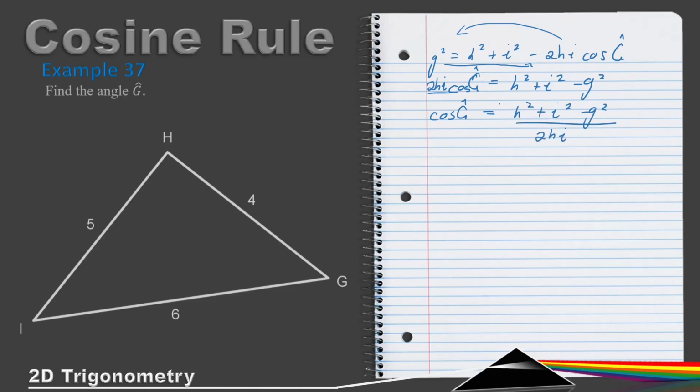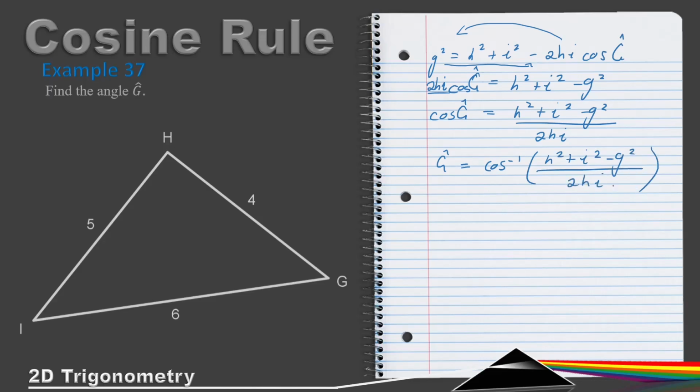So far so good. Then we just have the G that we need to isolate, and to get rid of the cos, we take the inverse of cos. So G is equal to the inverse cos of H squared plus I squared minus G squared, all over 2HI.